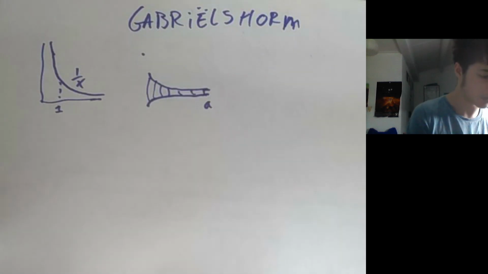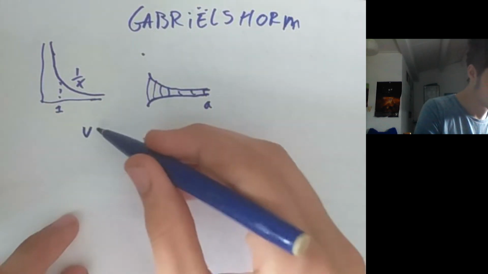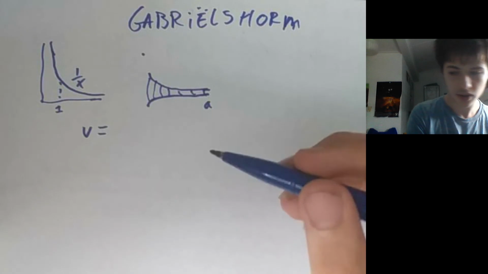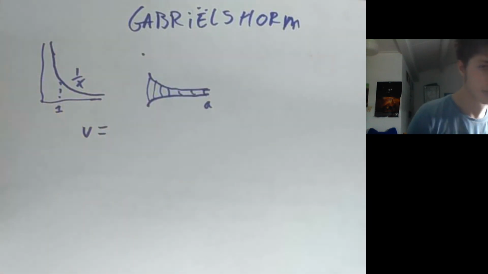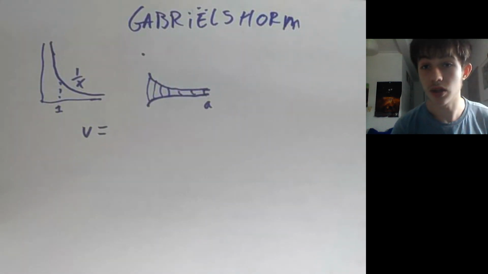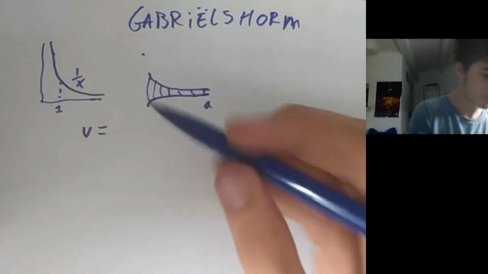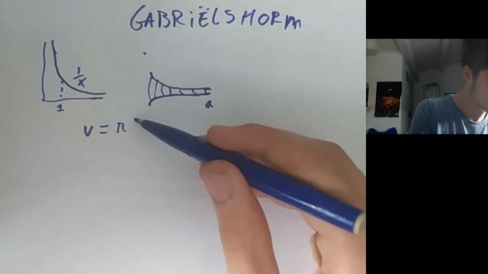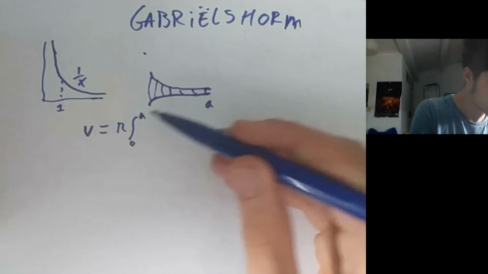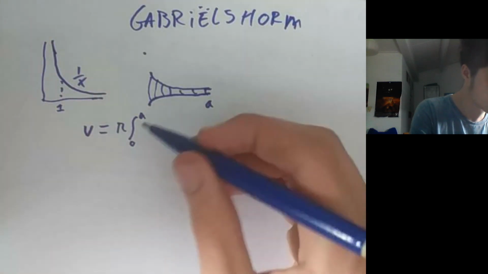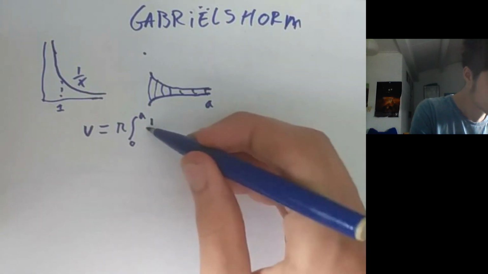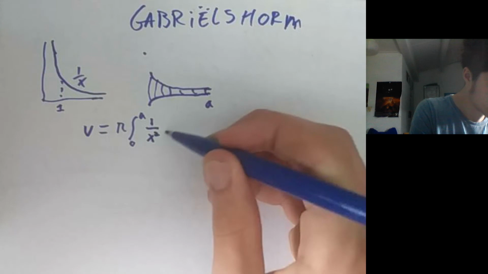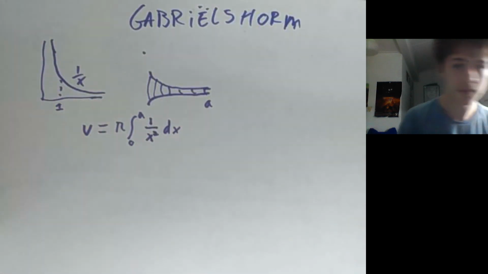So what's the volume going to be? Well, remember for a single circle, it's pi r squared. So the volume of revolution is pi times the integral from 1 to a of this function squared. So the function squared will be 1 over x squared dx.